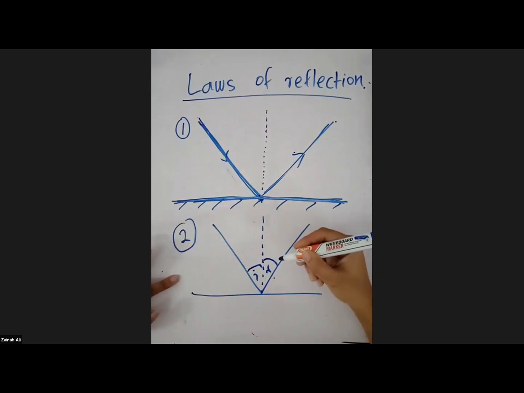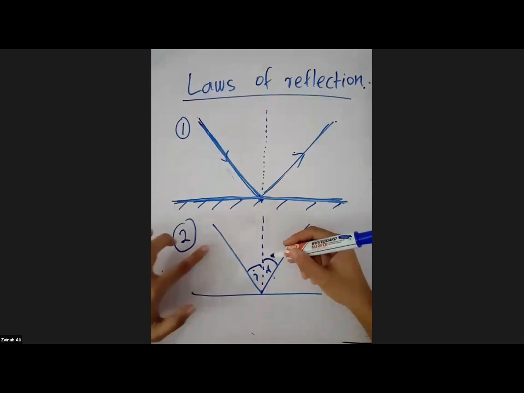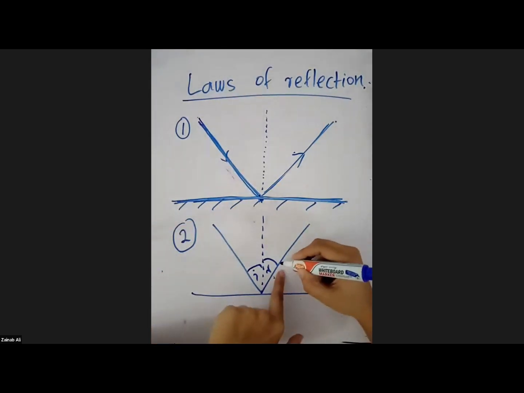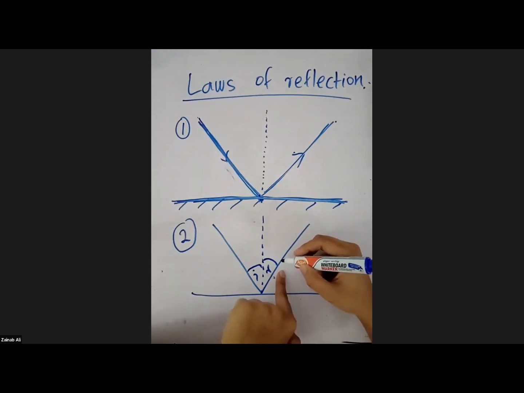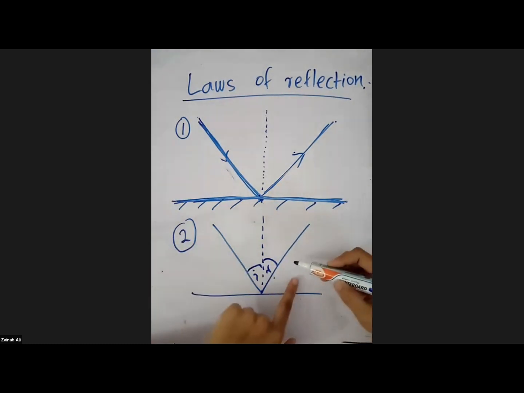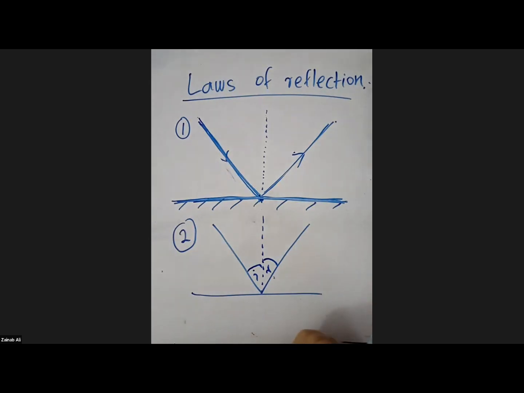So the second law is that the values of the angle of incidence and the angle of reflection should be equal. That is the second law of reflection.